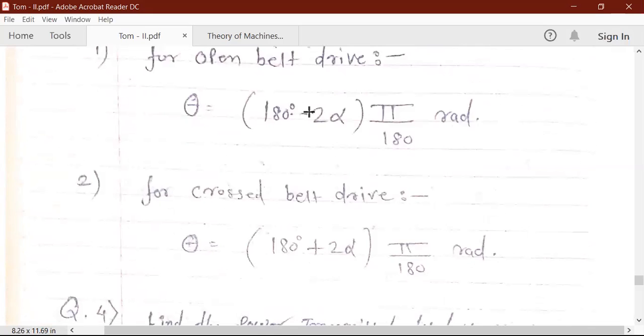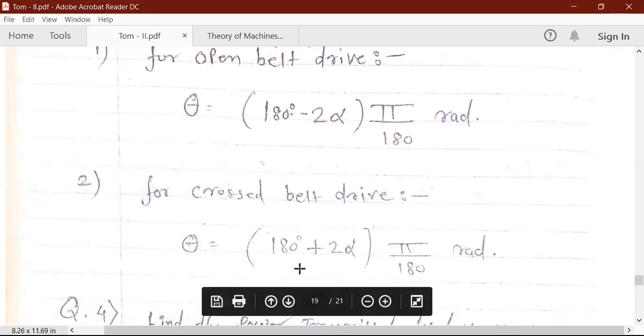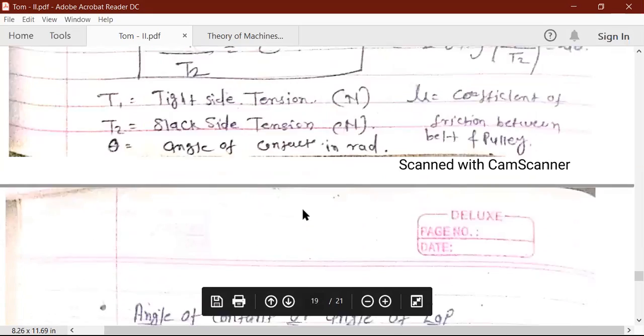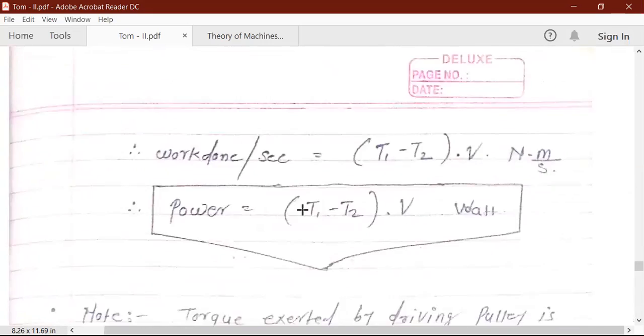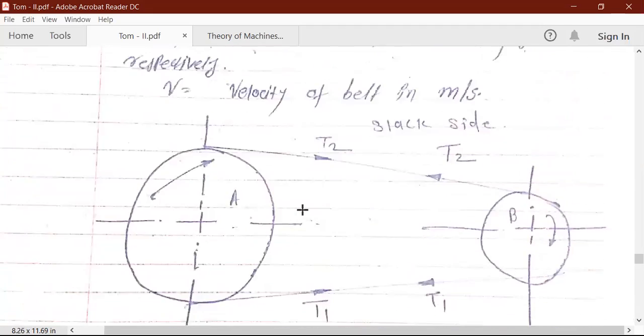In the cross belt drive, we use d1 plus d2 whole square divided by 4x, and for the open belt drive, d1 minus d2. Similarly, to calculate the angle of lap or angle of contact, for open belt drive it is 180 minus twice alpha, and here plus. Okay, so we remind these terms again, because these three terms are very important to solve the numericals.